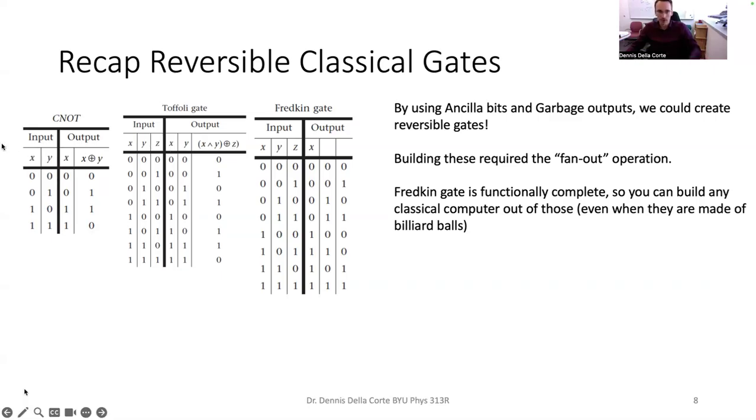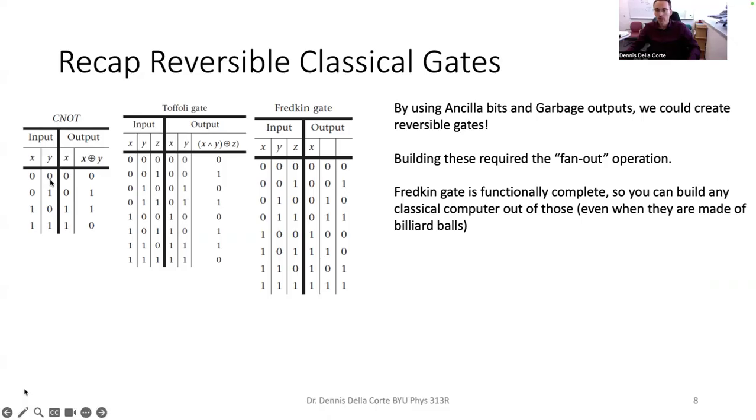And while some functions like the normal NOT gate would not provide that, we have, for example, the controlled NOT gate, where we have an additional input and additional output variable that allow us to create that reverse connection between outputs and inputs.